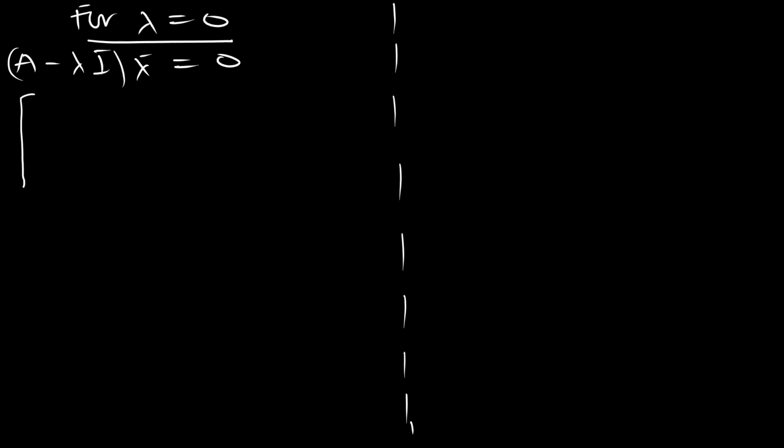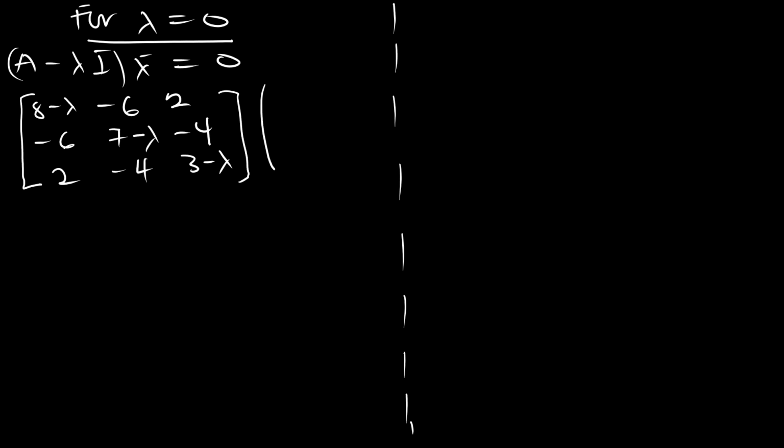Now the expression is going to be, we still have our 8 minus lambda, negative 6, 2, our negative 6, 7 minus lambda and negative 4, 2, negative 4, 3 minus lambda. This is the third part, so my vector will be x3, y3, and z3. Everything should be equal to 0.